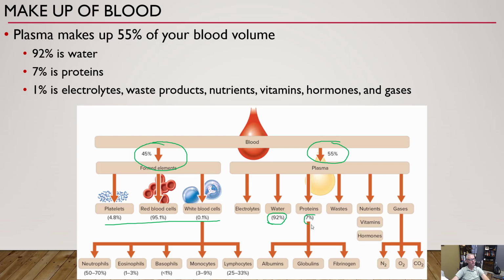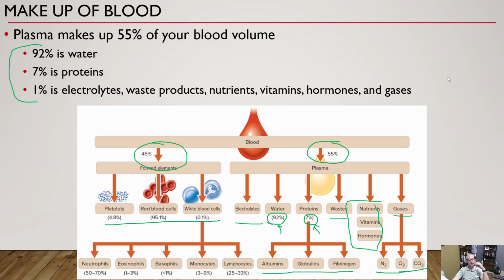Then we have 7% proteins, albumins, globulin, fibrinogen, and waste products, electrolytes, nutrients, vitamins, hormones, and our gases: oxygen, carbon dioxide, nitrogen. So basically we have 92% water, 7% protein, and 1% everything else. So 92% water, 7% protein, 1% everything else.